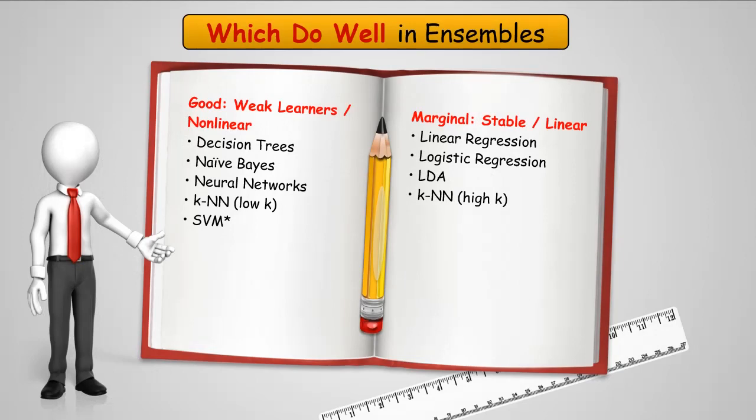Decision trees, naive Bayes, neural networks, KNN, and SVM all do fairly well with ensemble techniques. The marginal ones are linear and logistic regression, KNN with a high K number, and LDA, which are going to be less effective.